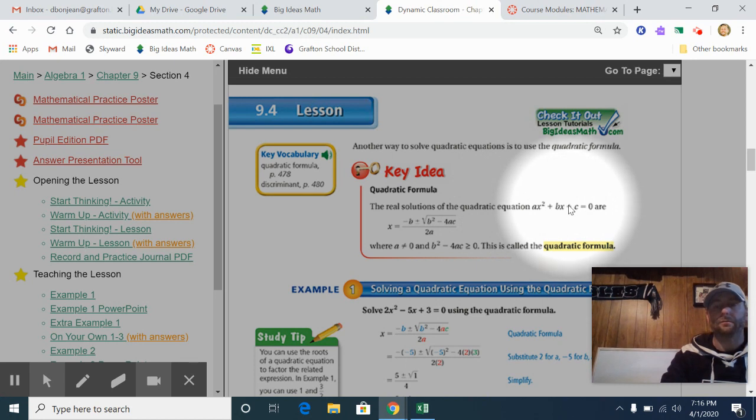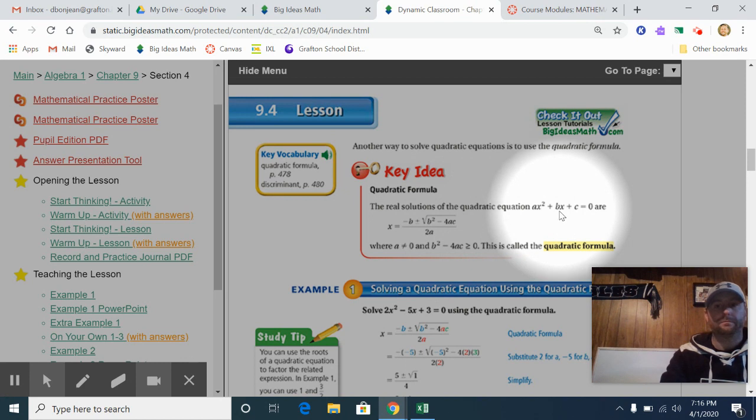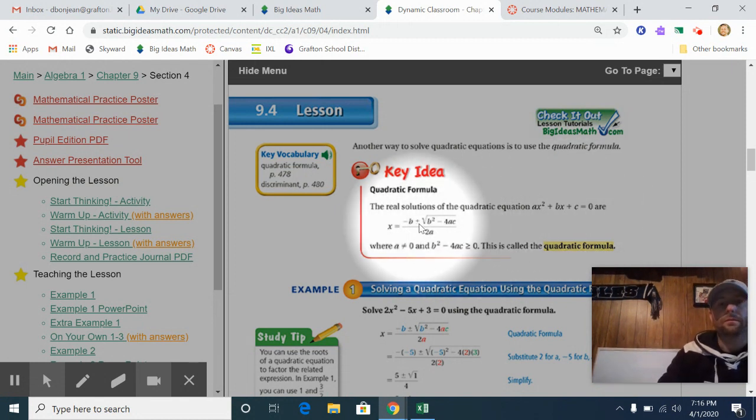Every quadratic equation needs to be put in this form. If it's not already, we need to put it in the form ax squared plus bx plus c, set equal to 0, in order to use this formula to solve our equation.